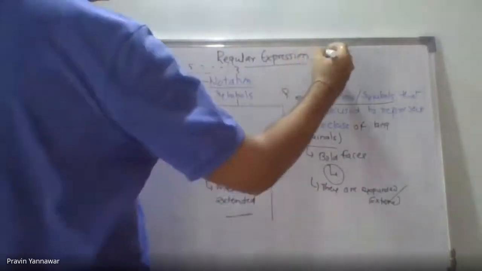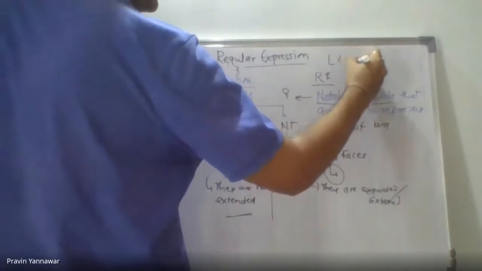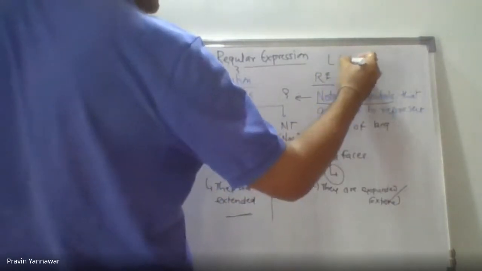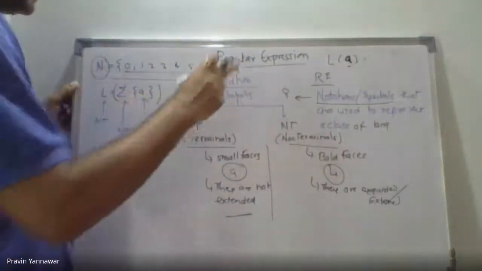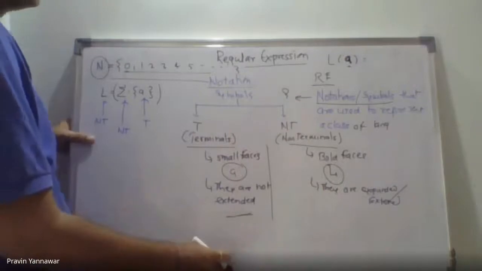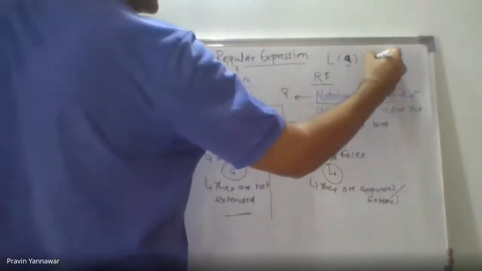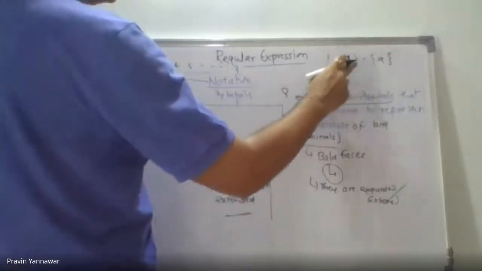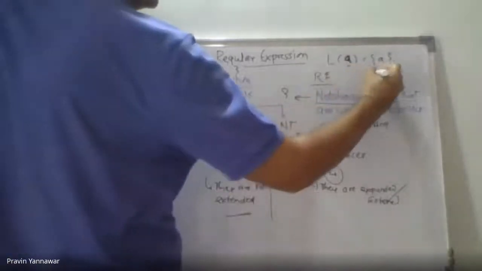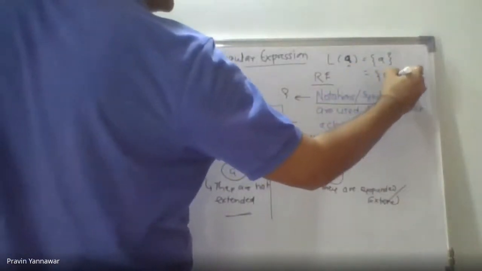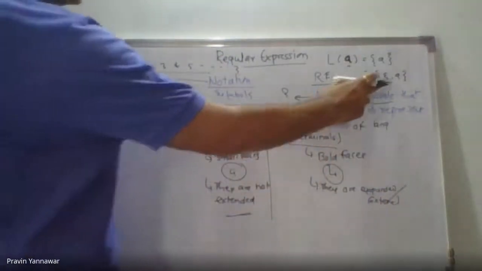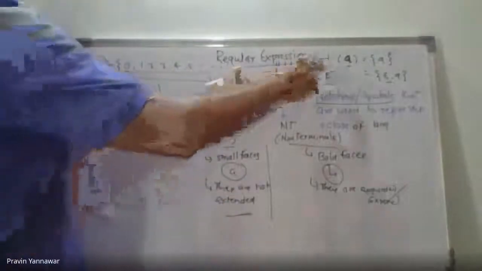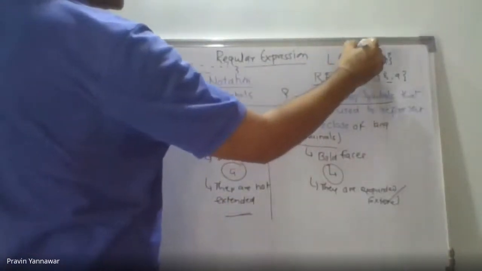It means if I have a language L based on A, and this A is a regular expression, say I represent A as a small case but in bold fashion, then the words generated by this language based on regular expression A is A only, or else it will contain epsilon, comma, A. Epsilon is nothing but a null word, a null set. So epsilon is null and A.